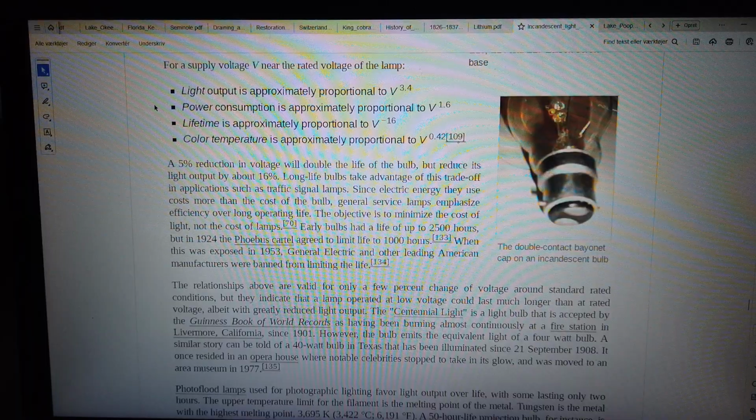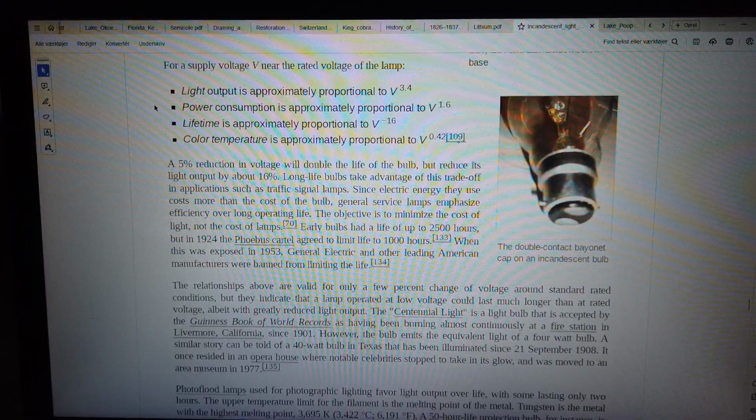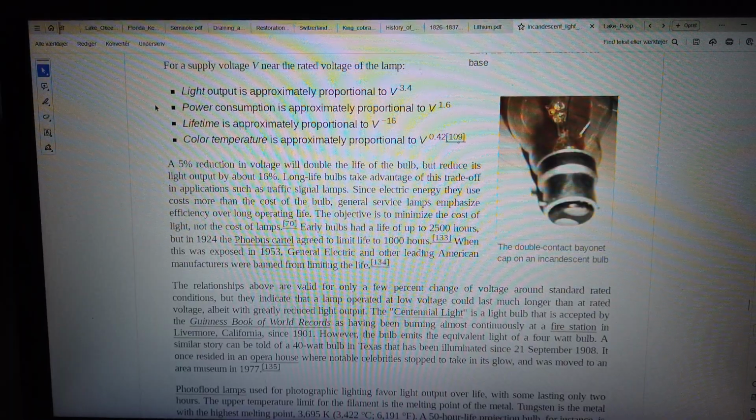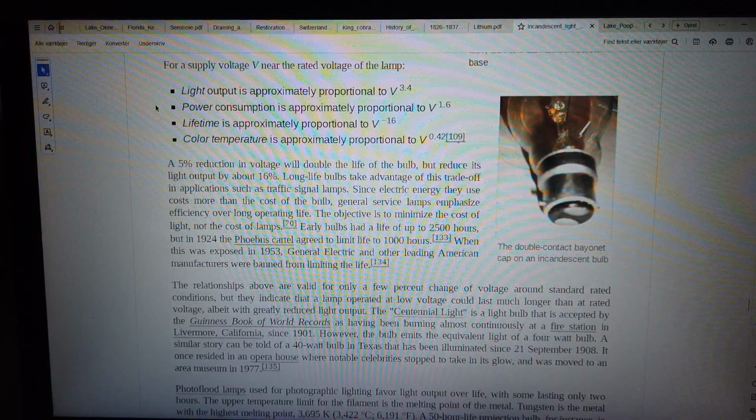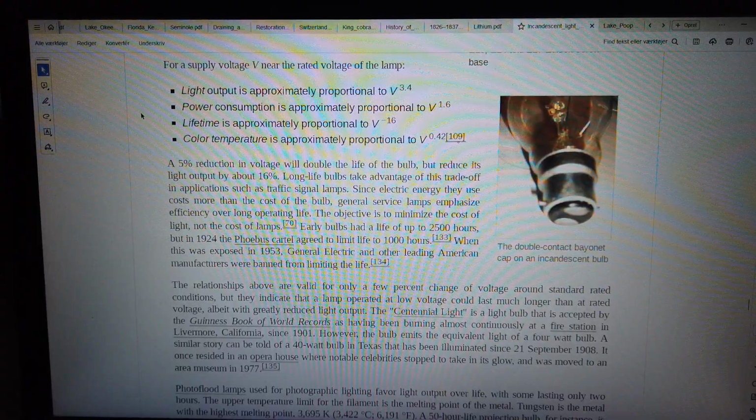Power consumption is approximately proportional to V^1.6. Lifetime is approximately proportional to V^-16. Color temperature is approximately proportional to V^0.42. A 5% reduction in voltage will double the life of the bulb, but reduce its light output by about 16%.